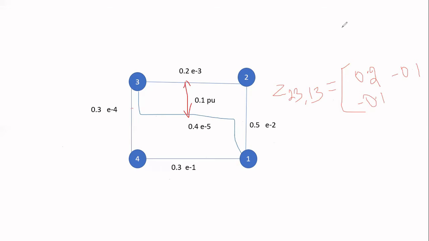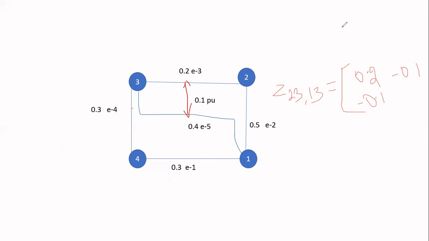A means 3, and I is 1, so Z31, plus ZBI. What is the value for ZBI? B means 1, and I is equal to 1, so Z11, plus Y AB.